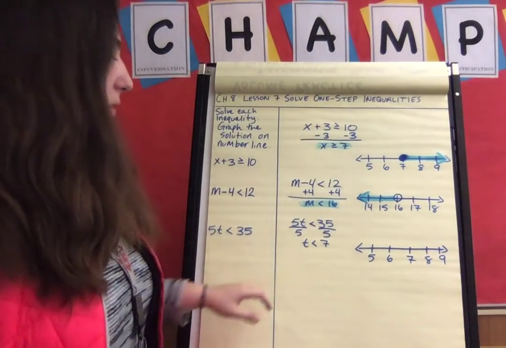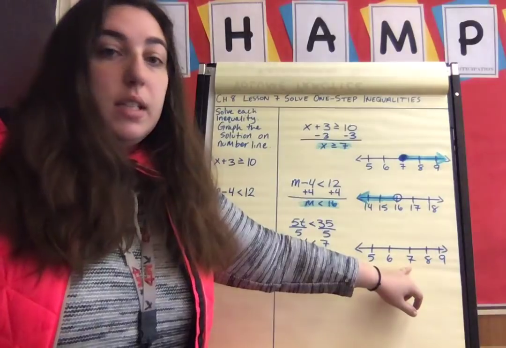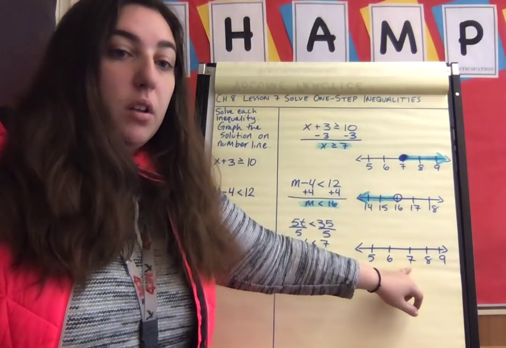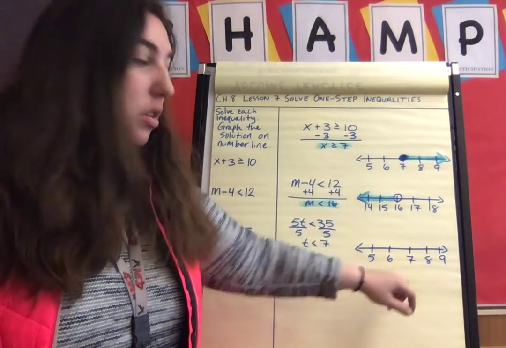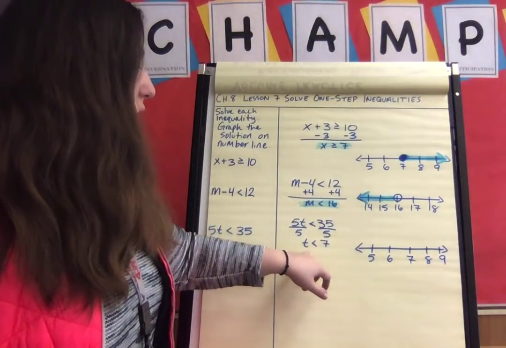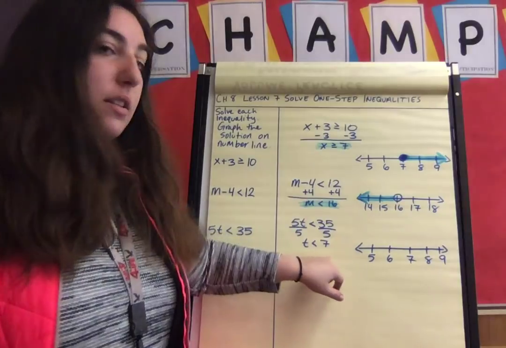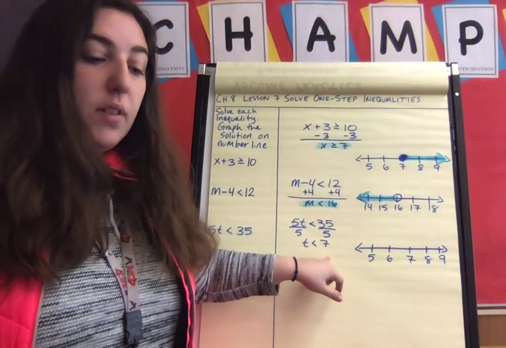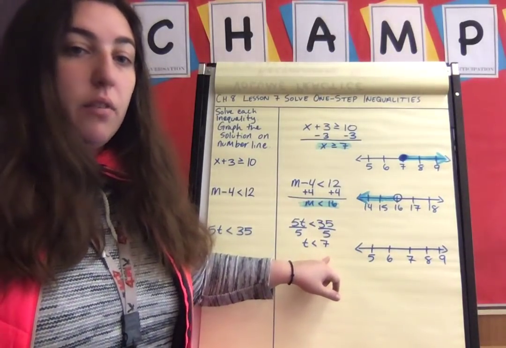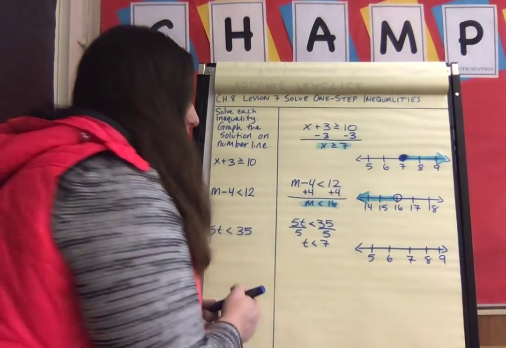I'm going to see, do I need to include 7 when I'm graphing? Do I need an open or a closed circle? So I'm going to plug 7 in for my variable. Is 7 less than 7? No, 7 cannot be less than itself. So I'm going to have an open circle.